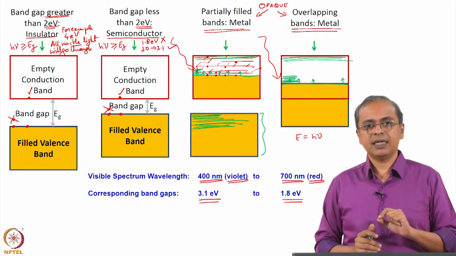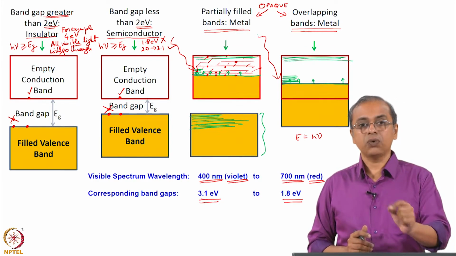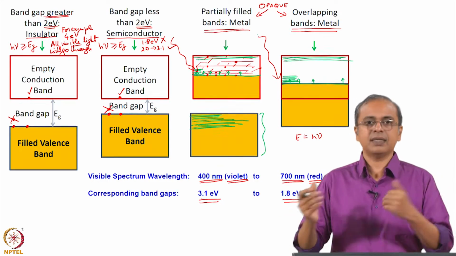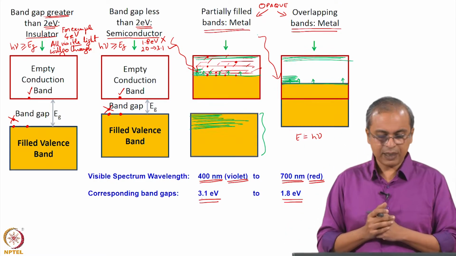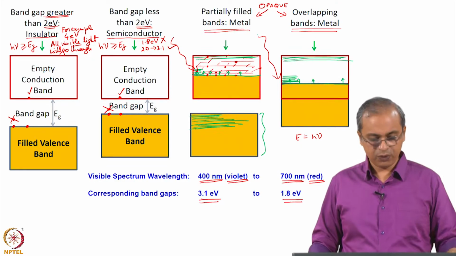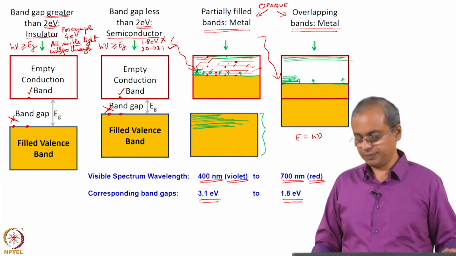Higher energy photons are getting absorbed, lower energy photons are going through the material as though the material is transparent to them. That is a very important point to absorb, because it is very counterintuitive to our thinking process.